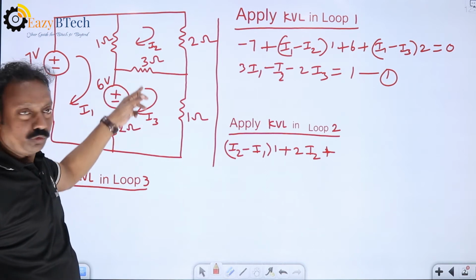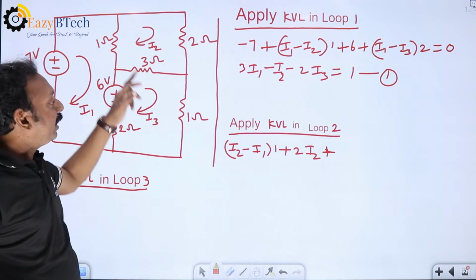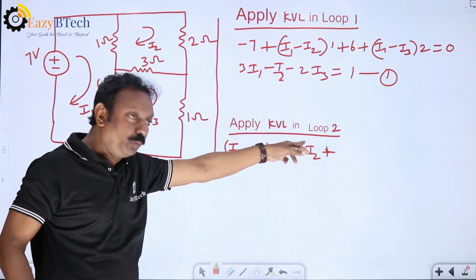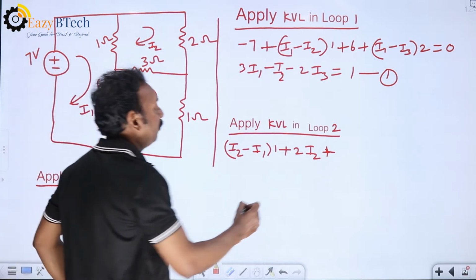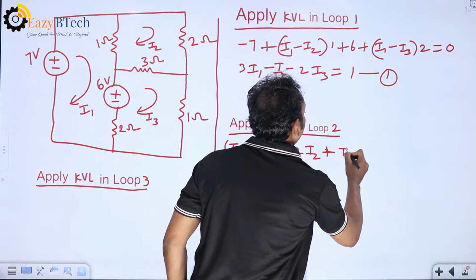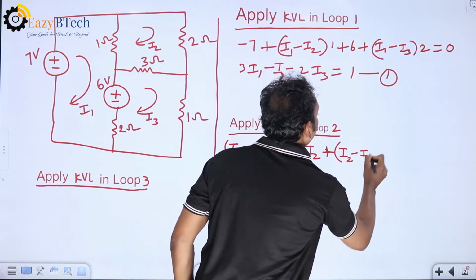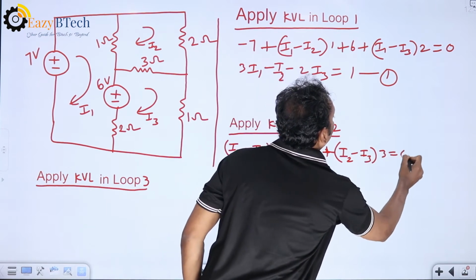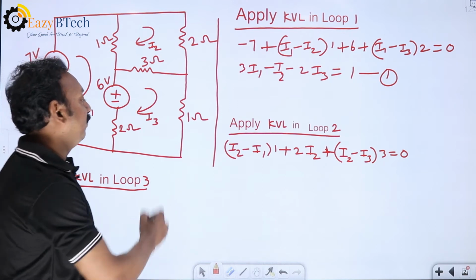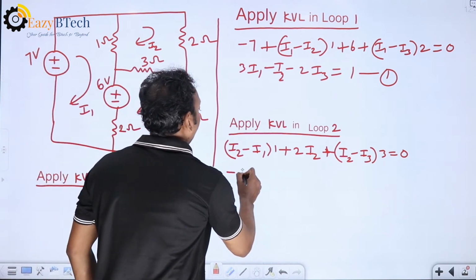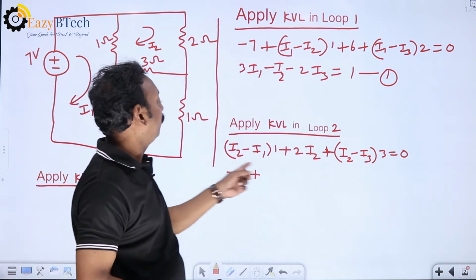So what is the current through 3 ohms? Either I2 minus I3 or I3 minus I2. We are writing the loop equation with respect to loop 2, therefore I2 minus I3 into 3 equal to 0. This is the second loop equation. Just simplify this one. That is minus I1, and the I2 coefficient, I think 6 I2: 1 plus 2, 3, yeah.